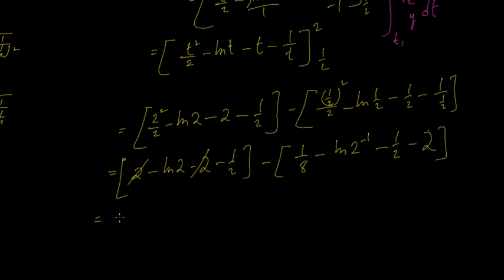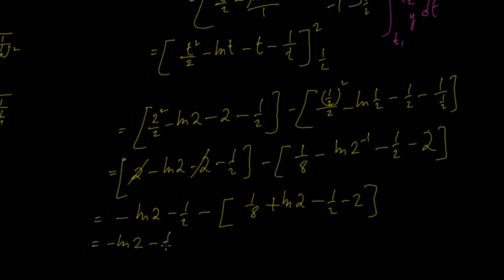So this would be minus ln 2 minus half, minus, now this is 1 by 8. If I bring the minus in front, this would be plus ln 2, and this would be minus minus 2. If I remove the bracket: minus ln 2 minus half minus 1 by 8 minus ln 2 plus half plus 2.